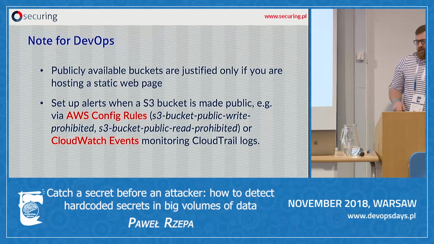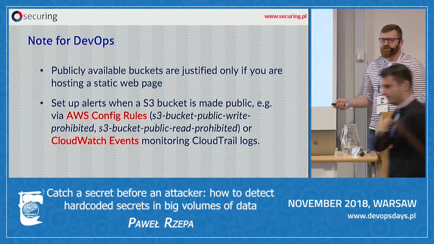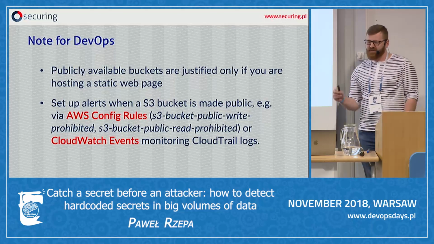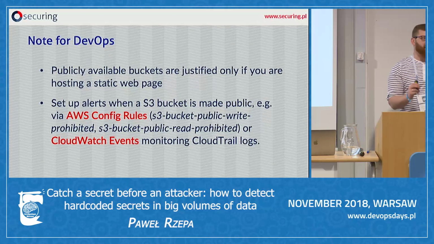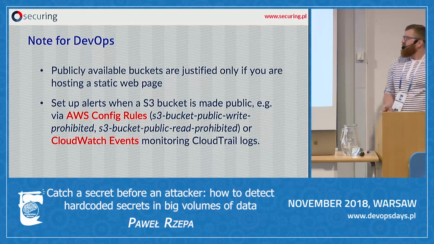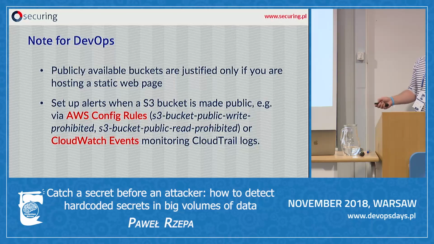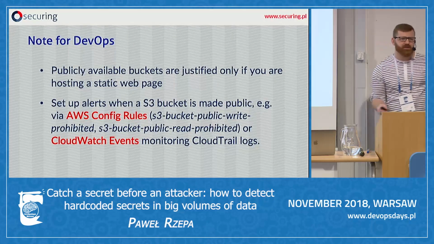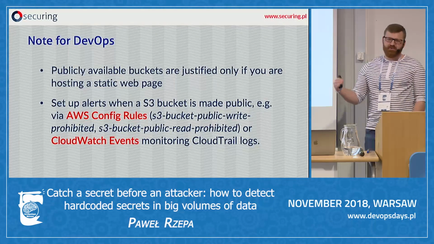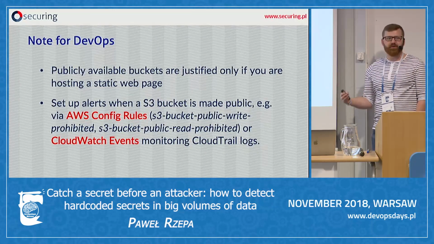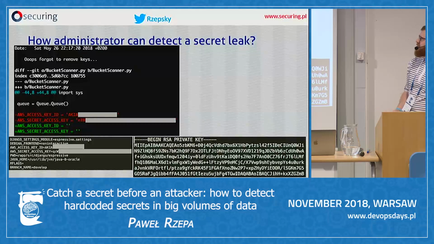But people mainly use CloudFormation templates or Terraform, so it is much easier to make a mistake in giving permissions. Also, you can set CloudWatch events to monitor CloudTrail logs, so if any public bucket appears, you will be notified.